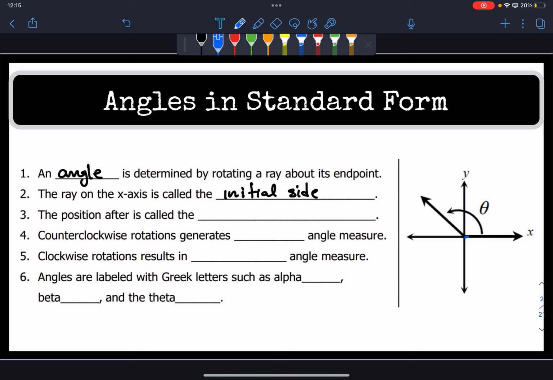So that would be this one right here. And the position after it's rotated is referred to as the terminal side. That's this position right here. That's the terminal side.